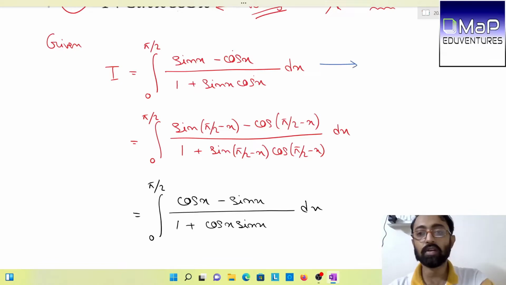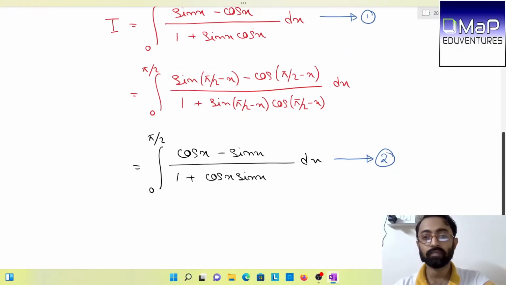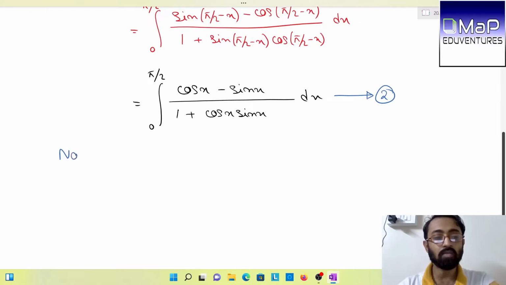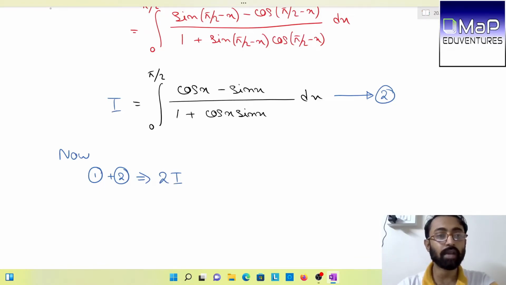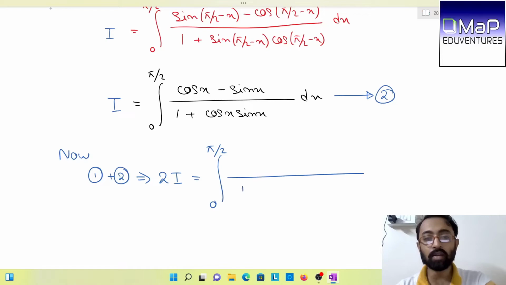We can consider the original integration and the one after the property as equation 1 and 2. Now if we add them, equation 1 plus 2, on the left hand side you will get twice I. Since we have I, after adding you will get twice I. And on the right hand side, both integrals are from 0 to pi by 2 with the same denominator.